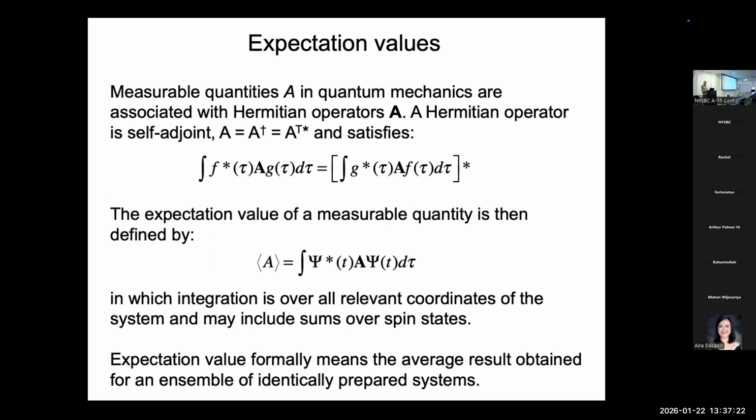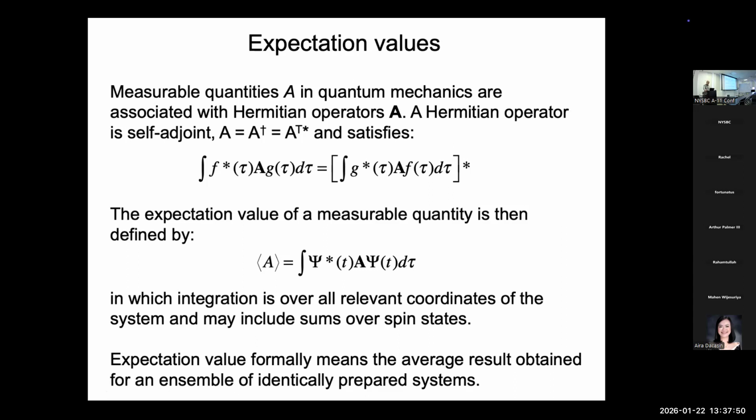Again, our goal is to measure things, and that means that measurable quantities in quantum mechanics are associated with operators that are Hermitian. And this is an integral definition of what a Hermitian operator is. We're going to very quickly in NMR deal with matrices, and it's much easier to understand.